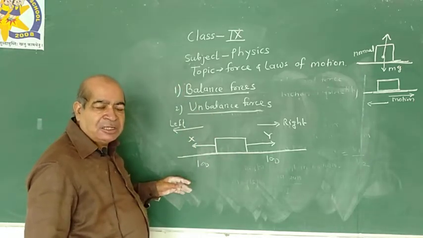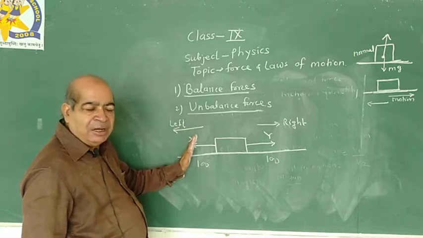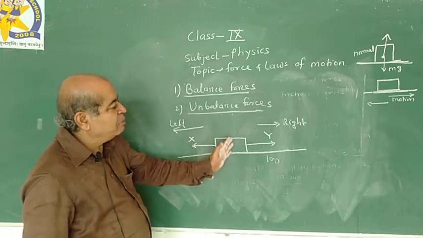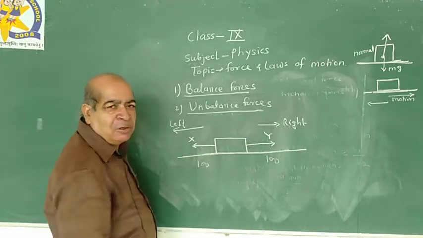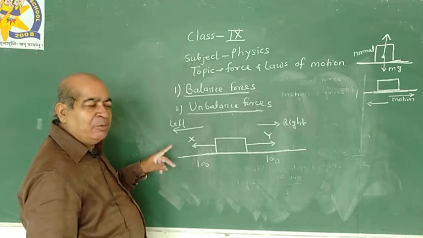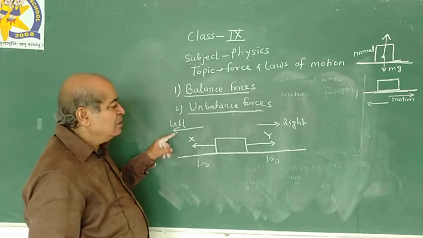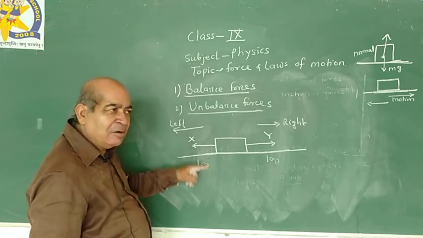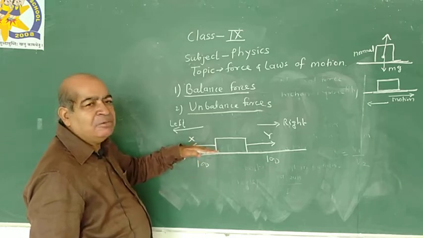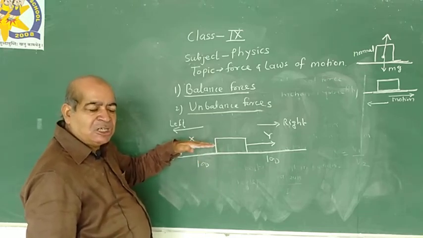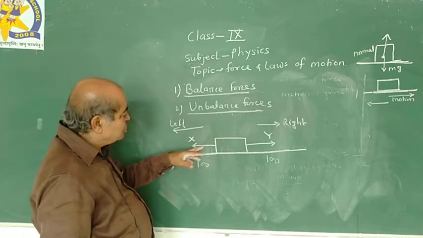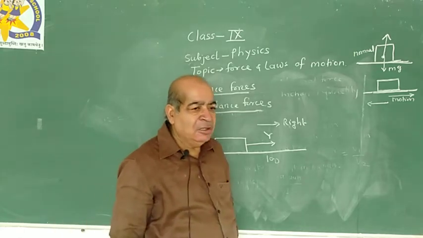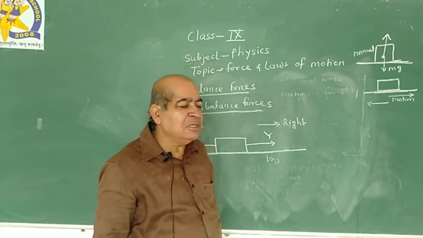What is the third action? When only X is applied, the object moves towards the left. When only Y is applied, the object moves towards the right. But when the forces X and Y are simultaneously applied and they are of equal value, then the object does not change its position.